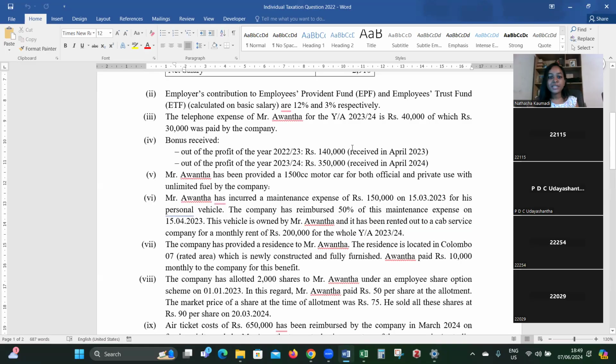So you have to decide on this 140,000 bonus received in April 2023. You need to remember the basis when we are adjusting bonuses. The second bonus is out of the profit of the year 2023 to 24, that means this year: 350,000 is the bonus amount, but it was received in April 2024. So there are two bonuses, and we have to consider which bonus we are taking.